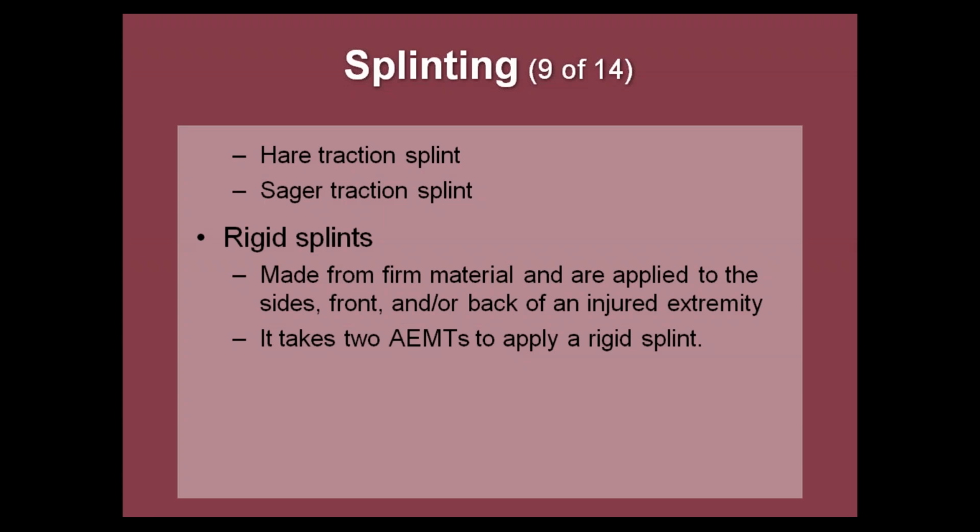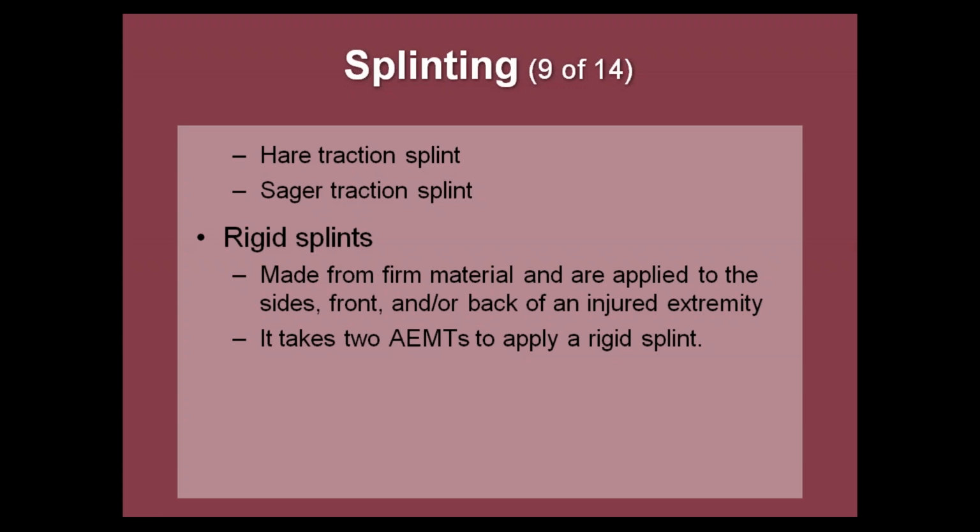Rigid splints are made from firm material and are applied to the sides, front, and or back of an injured extremity. Typically, it takes at least 2 people to apply a rigid splint. So for this, we have our SAM splint material.